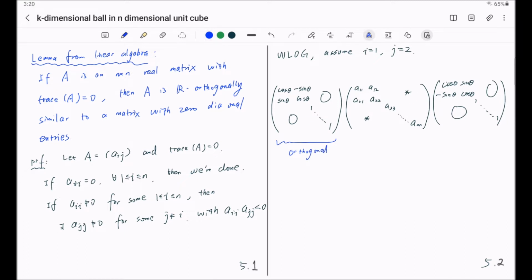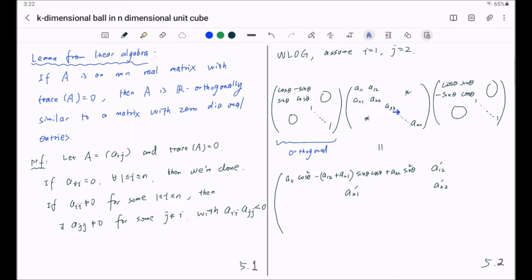Now we compute this conjugation. What we do is focus on the 1,1 entry of the product of those three matrices. So this is the 1,1 entry of the new matrix. And we have a1,2 prime, a2,1 prime, and a2,2 prime.